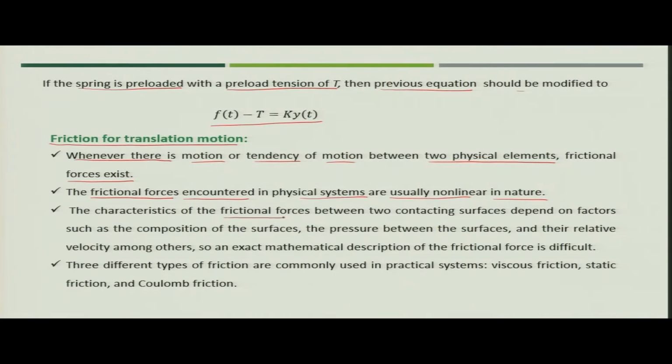The characteristic of frictional forces between two contacting surfaces depends on factors such as the composition of the surfaces, the pressure between the surfaces, and their relative velocity, among others. Therefore, the exact mathematical description of the frictional force is difficult. So, what we generally do is approximate with three different types of friction. We call them viscous friction, static friction and Coulomb friction.